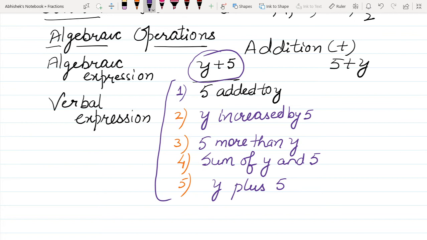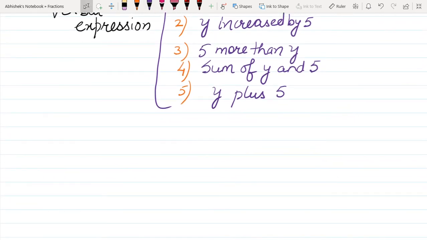Similarly for 5 plus y: y added to 5, increased by y, y more than 5, sum of 5 and y. Next, I am showing you how different verbal expressions can be translated into algebraic expressions.